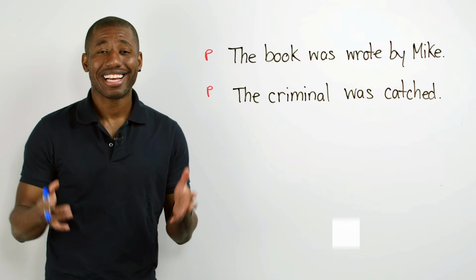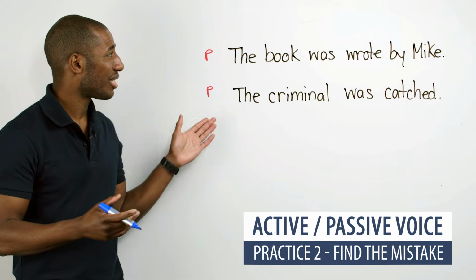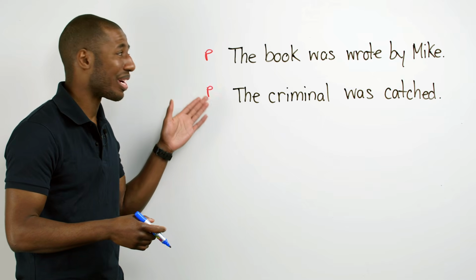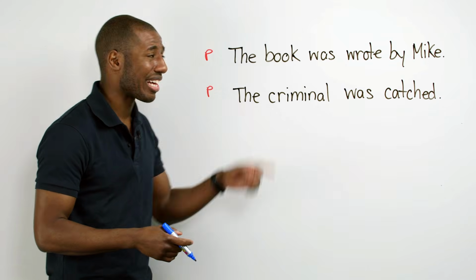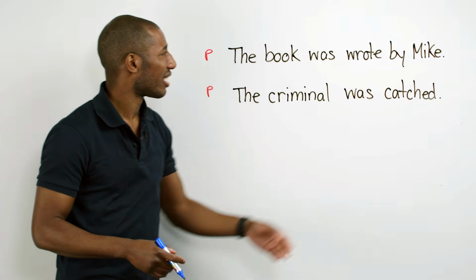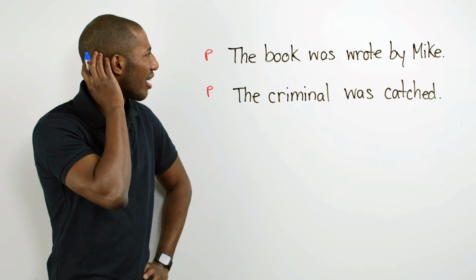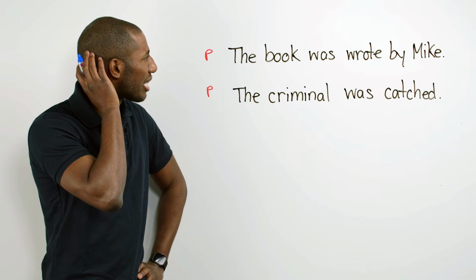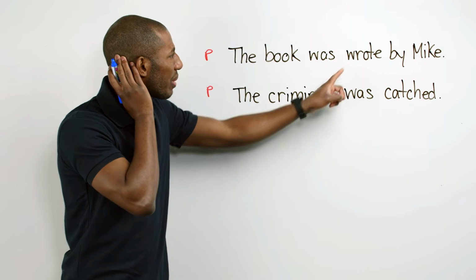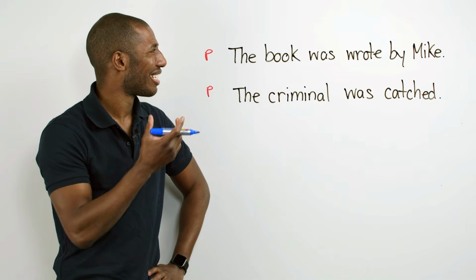All right, everyone. I need some help finding mistakes in these two sentences. Both of them are written in the passive voice. Let's look at the first one together. The book was wrote by Mike. Yeah, there's a mistake here. Well, I see I have my to be verb, was, but there's something about this past participle that just doesn't seem right.